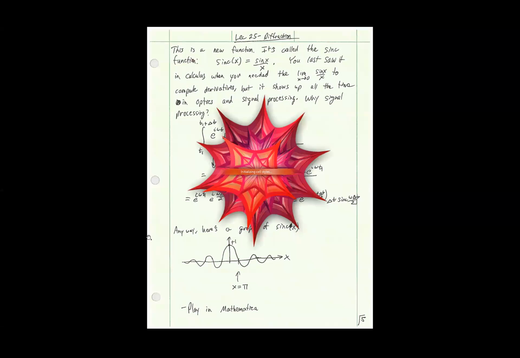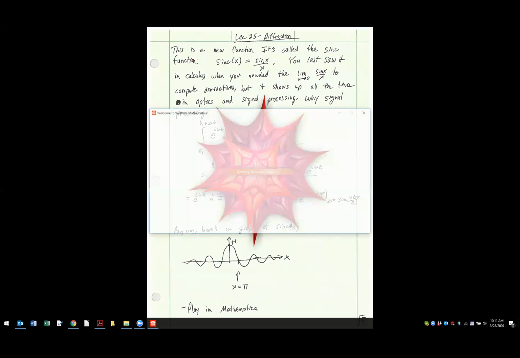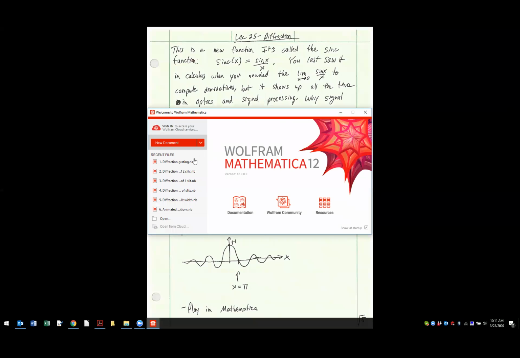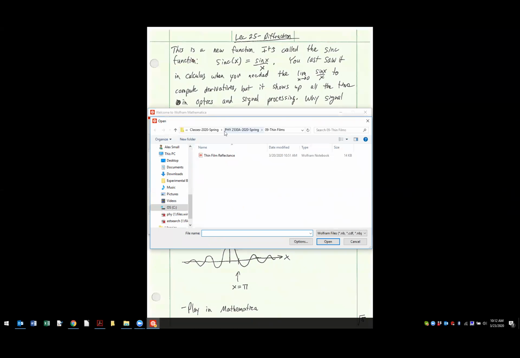This function shows up so much that Mathematica has it built in. If I want to compute sine of Ka over 2 sine theta divided by Ka over 2 sine theta, I don't have to keep on typing that out.